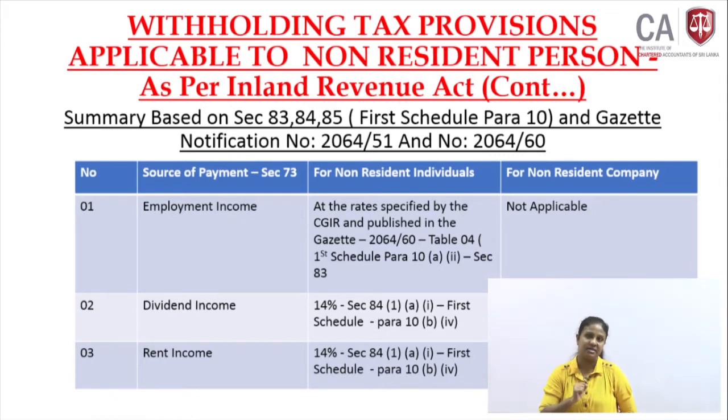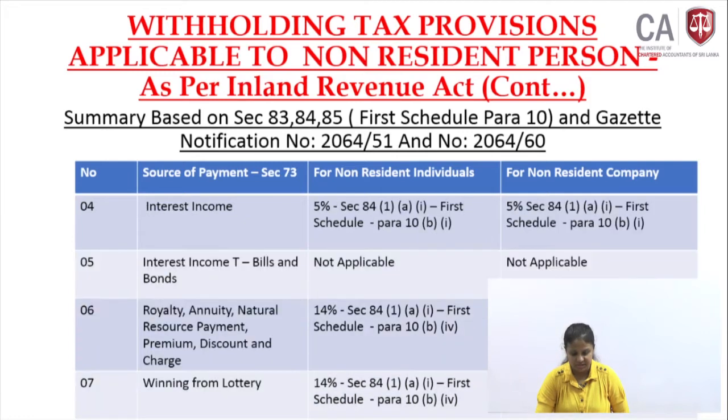For a non-resident, it is 14%. And even for a non-resident company, the rate is 14%. Okay, now we have discussed three sources of income and the withholding tax rates applicable to them with reference to a non-resident individual and a non-resident company.